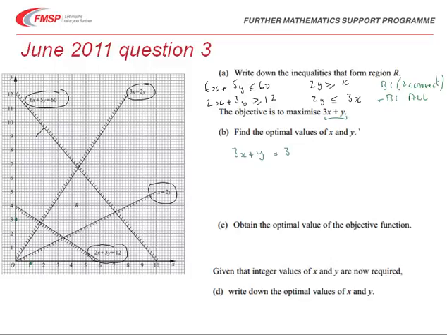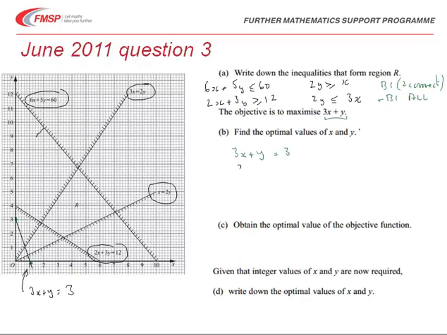So we could draw in a line on the diagram which goes through 3 and through 1. This is our objective function here, and we need to mark that in on the diagram. So we could say this is 3x plus y is equal to 3, and then we need to move that line.